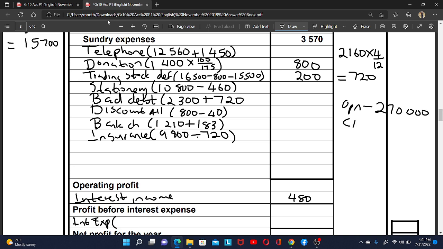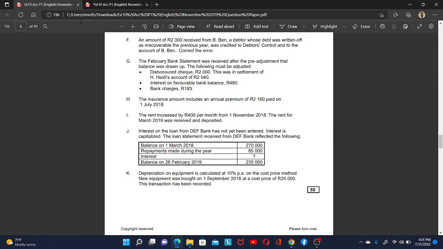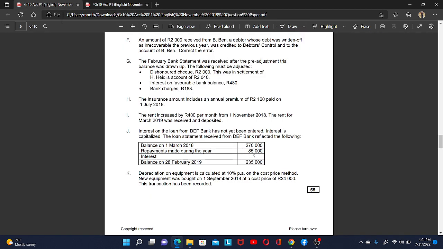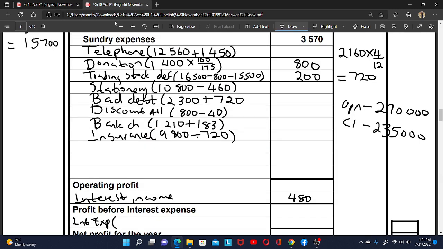So I will closing balance. How much is the closing balance? 235. And then the repayments during the year is 85,000.